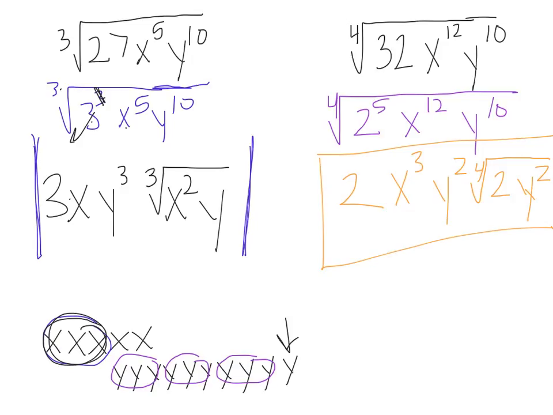Now, one thing that I'm missing in my problem is this x started as an even exponent. That means all my answers, whatever I put in for x, should always be positive. Well, this is odd. So since that's odd, again, ask your teacher, make sure that you have absolute values around this problem because of that.